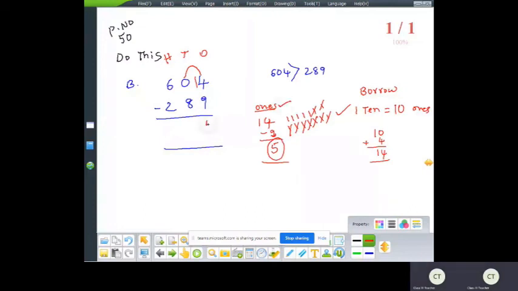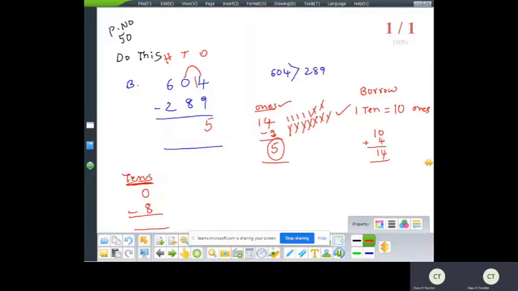Now subtracting tens. Under tens, the digits are 0 and 8. 0 and 8 means 8 is subtracting from 0. But 8 is greater than 0. 8 is bigger, 0 is smaller.